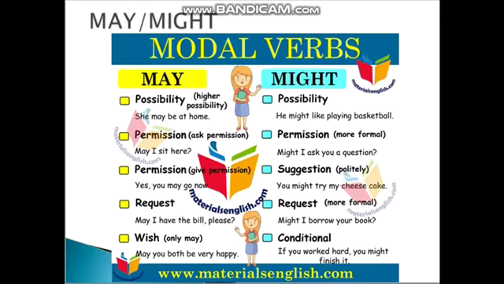We can use them for a possibility of something happening, or to ask permission, or to give permission, suggestion, request, and wish. For example, she may be at home. May I sit here? Yes, you may go now. May I have a bill, please? May you both be very happy, and etc.